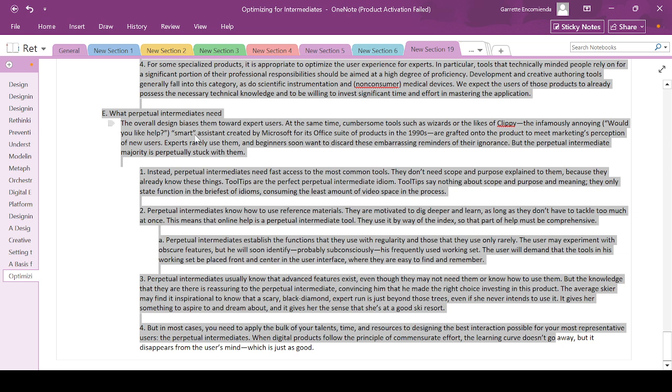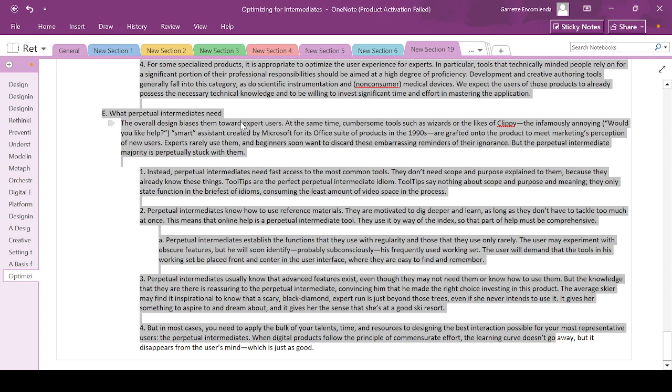The overall design biases them toward expert users. At the same time, cumbersome tools such as wizards or the likes of Clippy, the infamously annoying "Would You Like Help" smart assistant created by Microsoft for its Office suite of products in the 1990s, are grafted onto the product to meet marketing perception of new users.